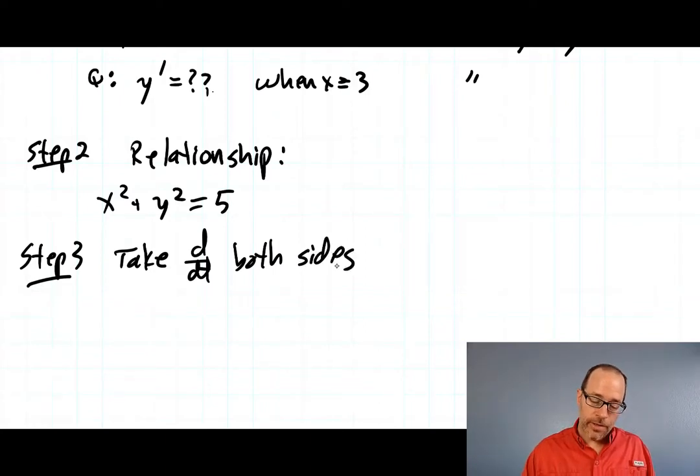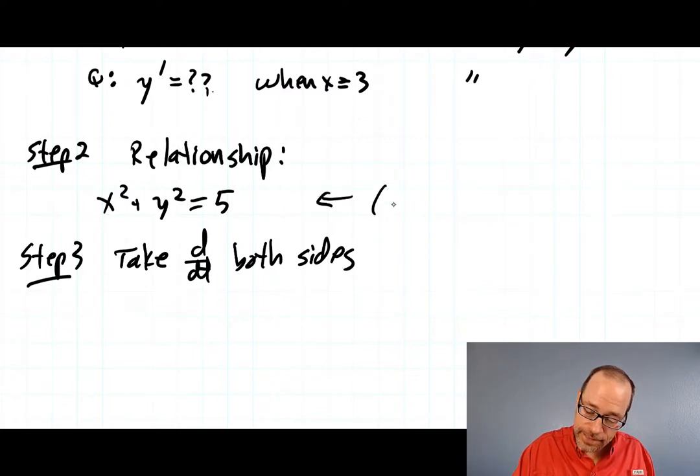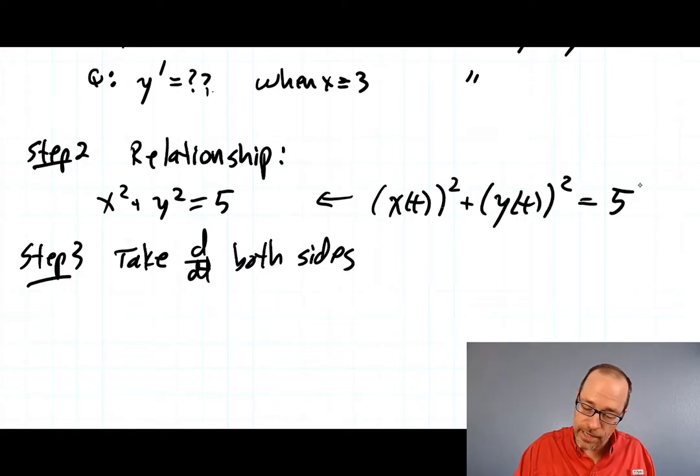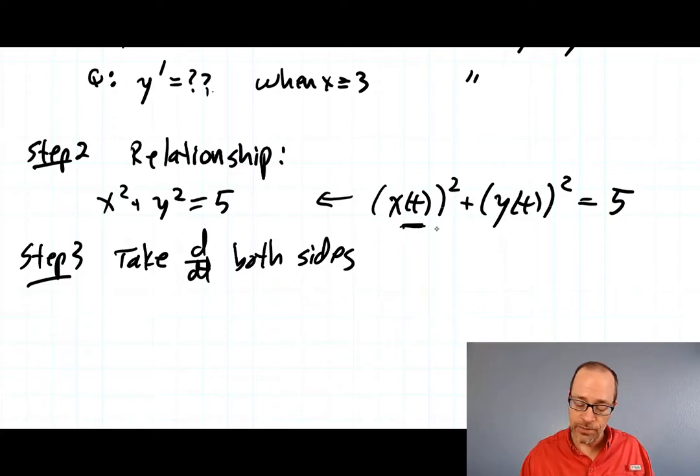All right, so you have to remember x is x of t and y is y of t. So the derivative of x squared is a chain rule problem because it's a composition of functions. The outside function is squaring, the inside function is x of t. So just to be clear, if we wrote this very pedantically, it'd be x of t squared plus y of t squared is equal to 5 squared. So you see, it really is a chain rule problem.